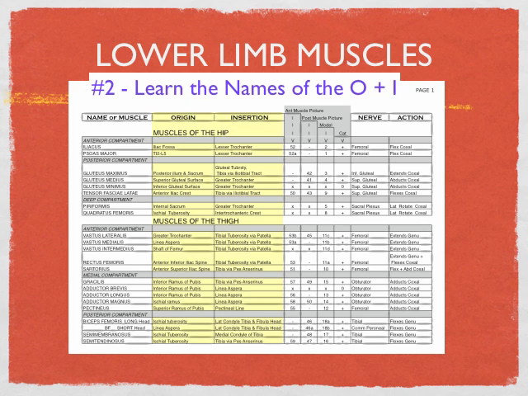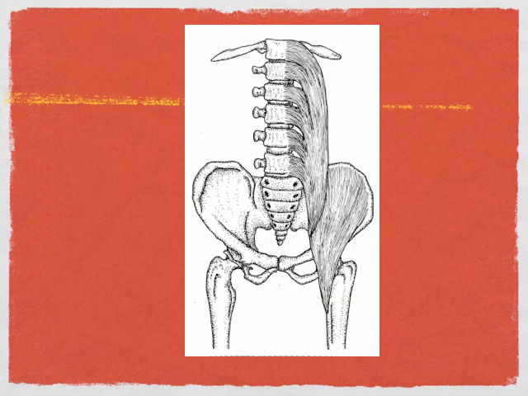Let me illustrate that. Let's look at two muscles here. These happen to be the very first two muscles in your list. Now, what are their names? Well, one of these two muscles is called iliacus, and the other is psoas major.